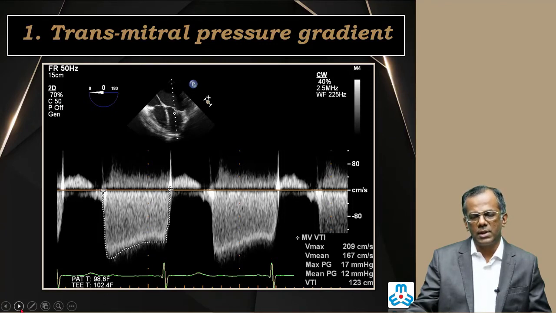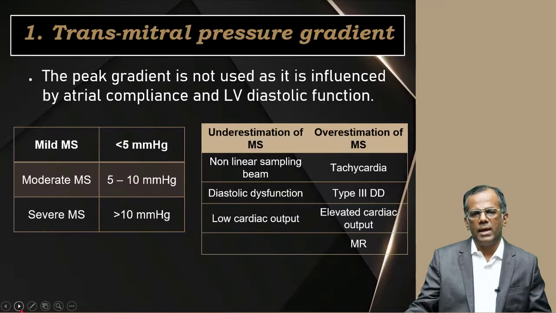We usually use the mean gradient to classify mitral stenosis. The peak gradient is not used to classify mitral stenosis as it is influenced by atrial compliance and left ventricular diastolic function. We can grade mitral stenosis based on the pressure gradient, and any gradient greater than 10 millimeters of mercury is severe mitral stenosis.